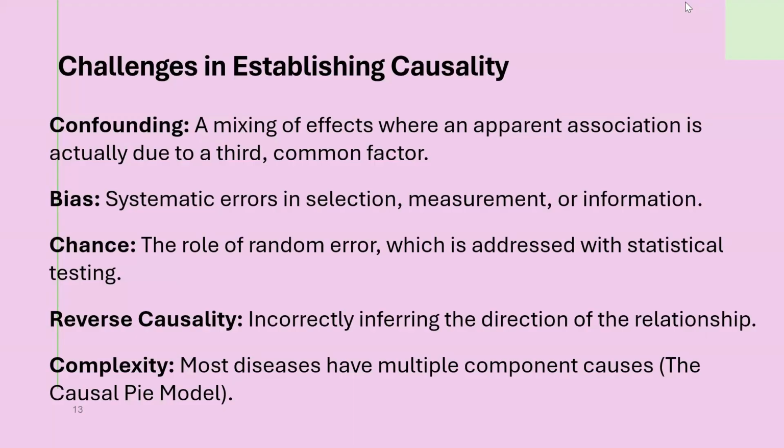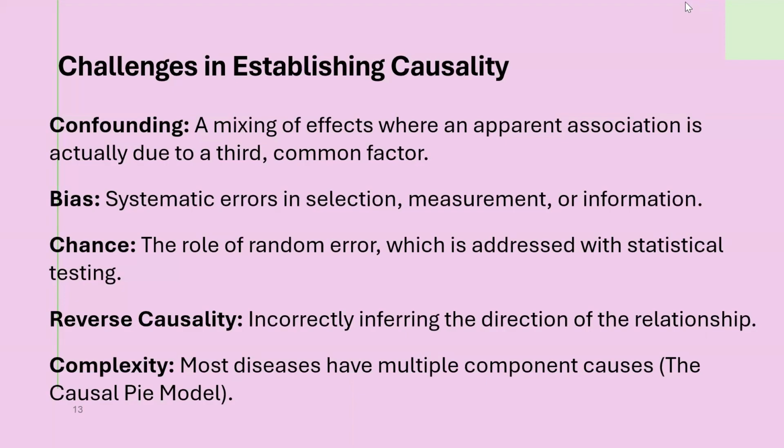Then the second is bias. Systematic errors in selection of individuals in a study, measurements, and data collection procedures and information can actually distort associations between exposure and outcome. So those are things to look out for when you're considering causality.